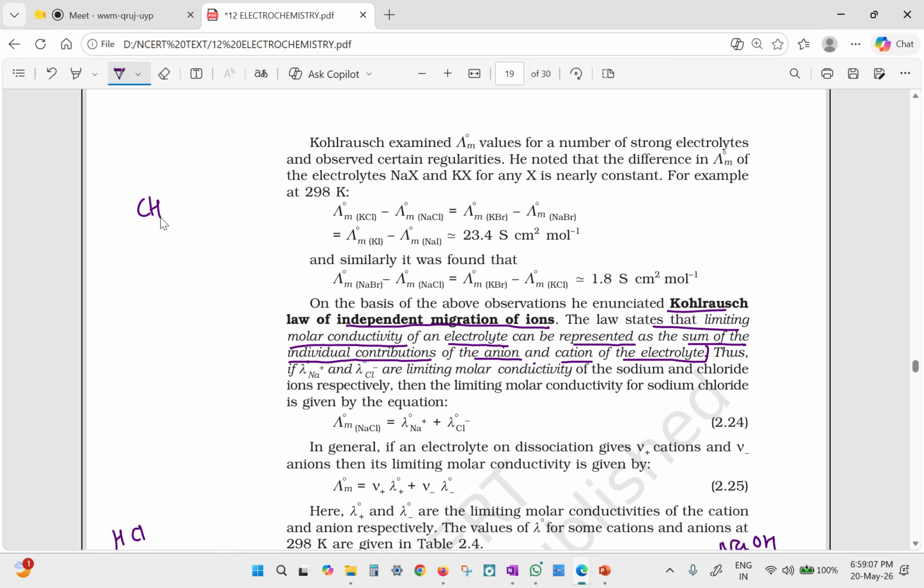The acetate's contribution is irrespective of whether it was with H plus, NH4 plus, K plus or Ca2 plus. Understood? Okay, go through this table and understand these. I'll just get back.